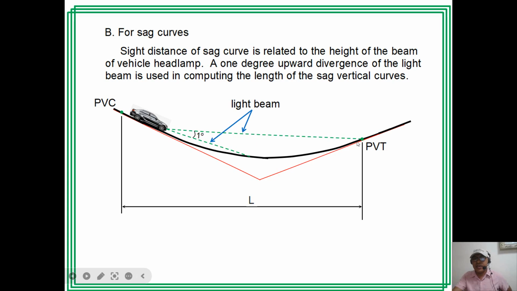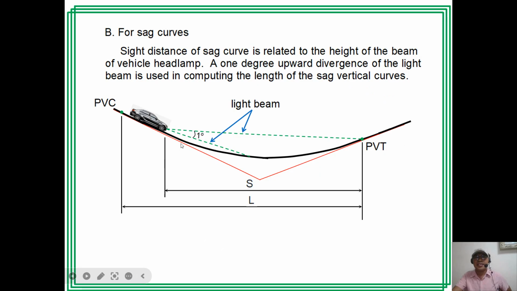This is the figure of the light beam, then the object can be seen if it is within this range. So if the object is at the PT, it is visible to the driver, and then we have our stopping sight distance S here.